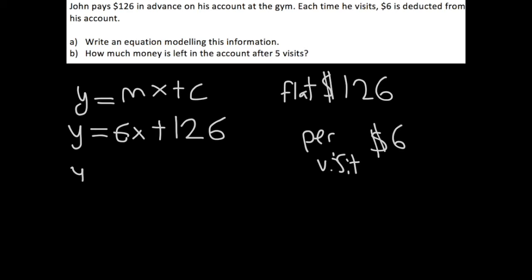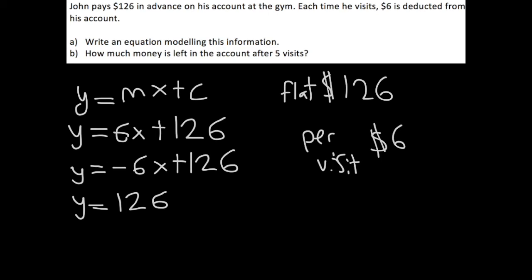So actually this is going to be y equals minus 6x plus 126. And it might help you to actually rewrite this, and this is perfectly fine. 126 minus 6x. It might just help you to see things better. And that is actually going to be the final form of our equation.